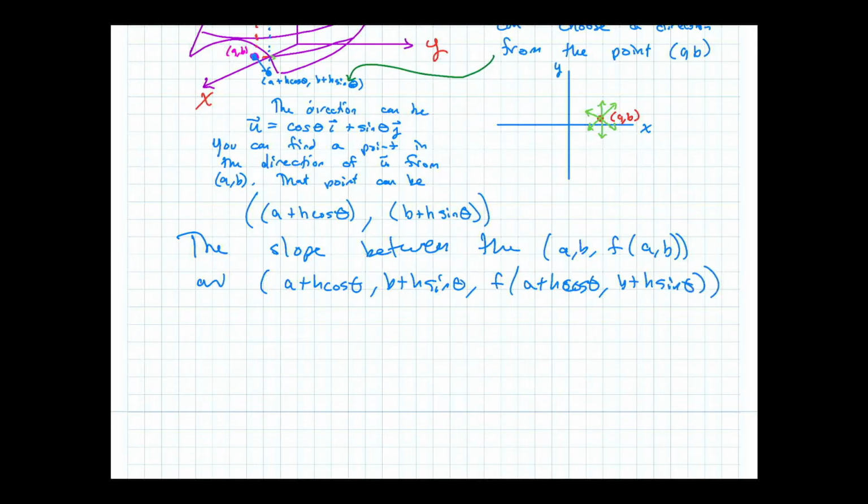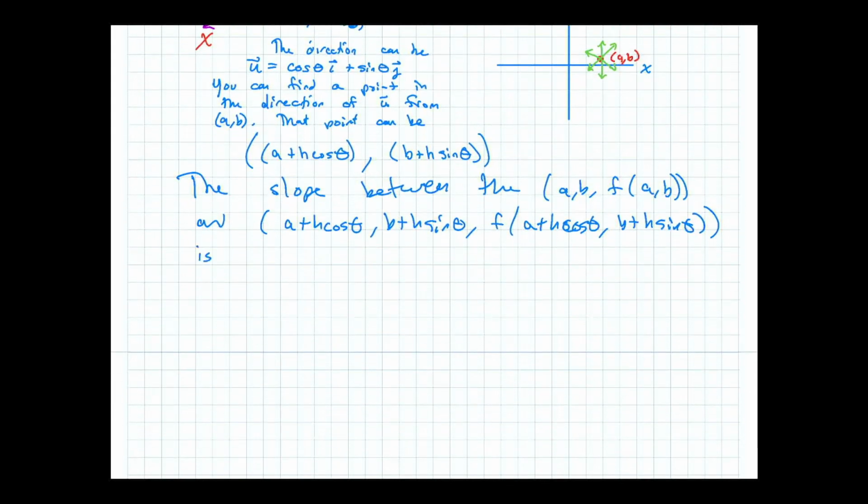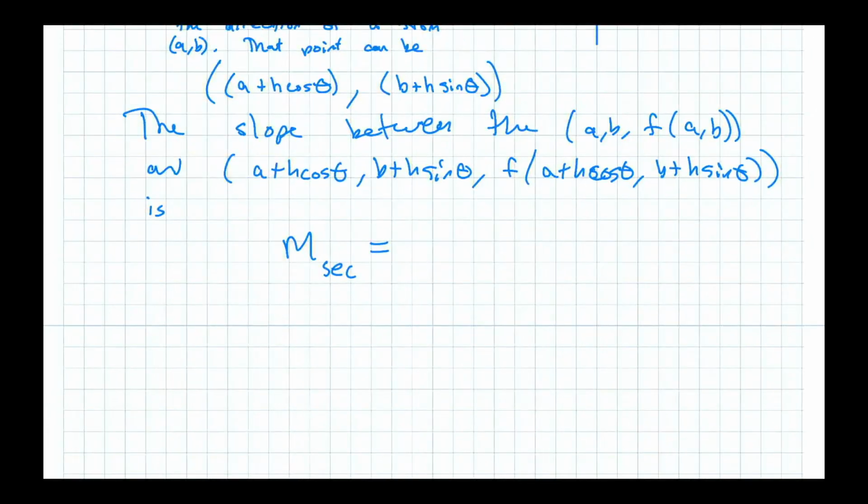Okay, so what is that slope? I'll call it m secant. That's going to be the slope of the secant line. The way you calculate a slope is y2 minus y1 over x2 minus x1. In this case, it's the function value at the second point minus the function value at the first point. That's the difference in z values, because z is our height.